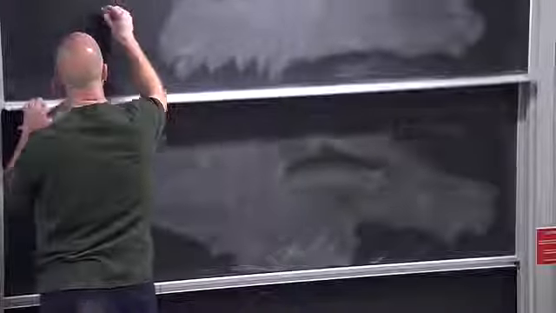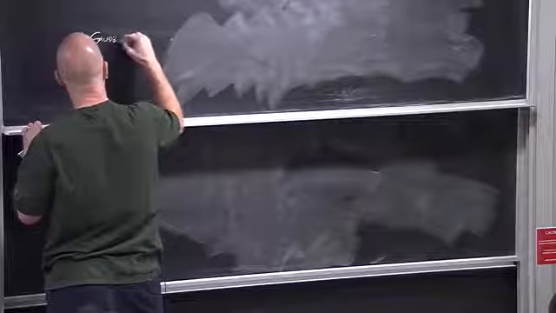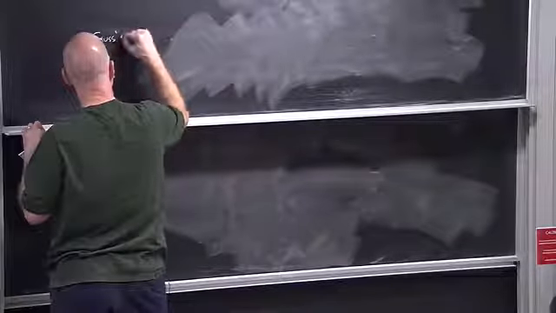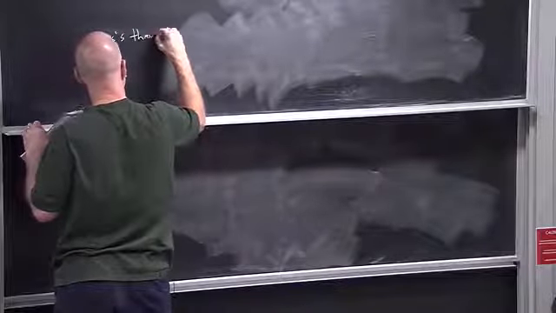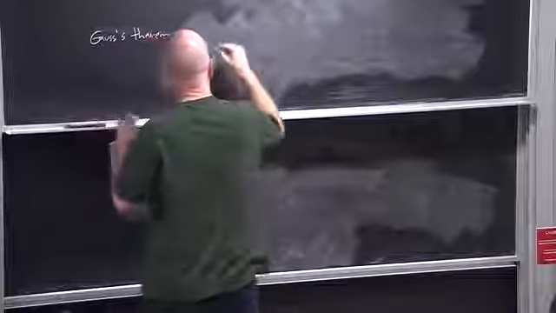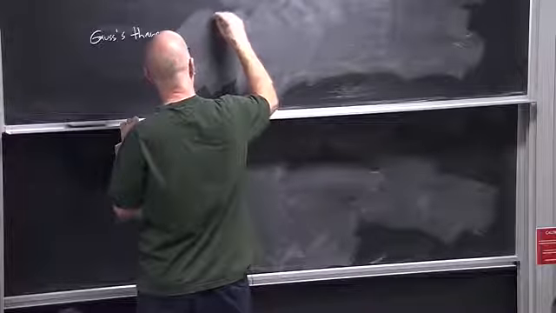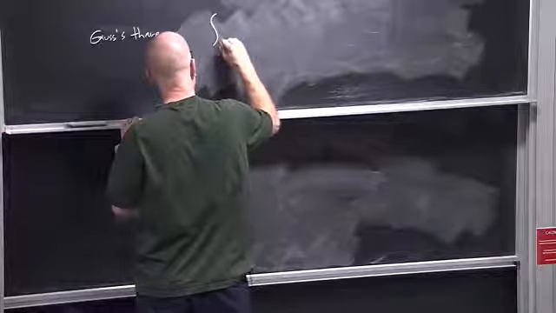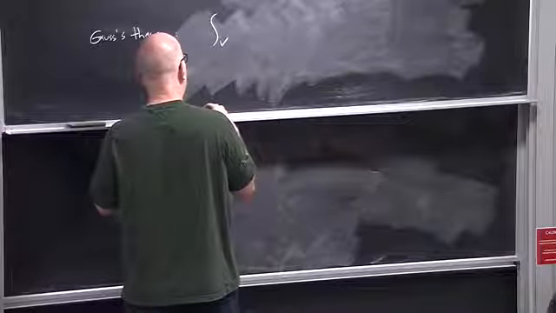Well, where we want to go with this is to have a nice space-time formulation of Gauss's theorem. So I'll just remind you what Gauss's theorem looks like in ordinary vector calculus. What you do in ordinary vector calculus is that you integrate over a volume.